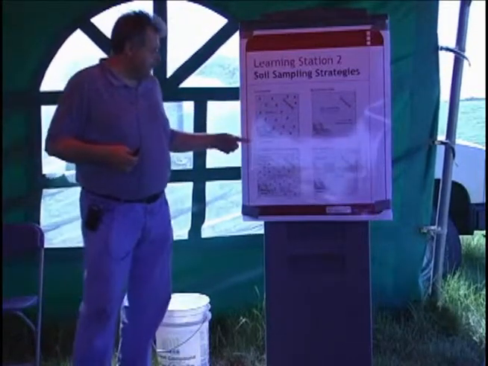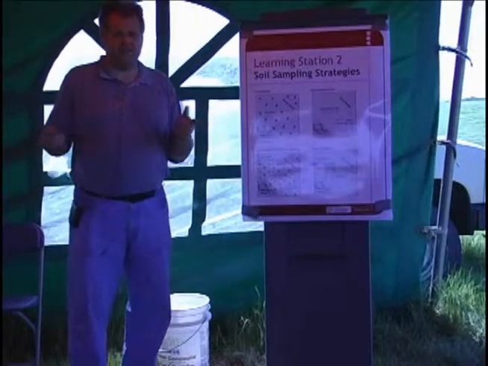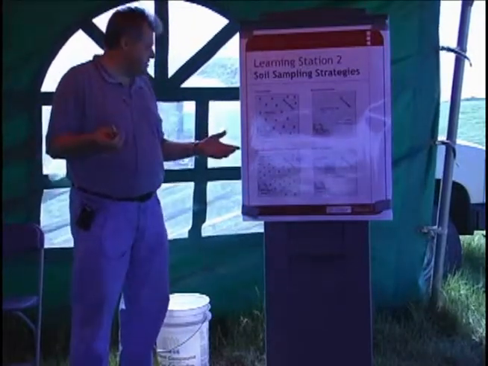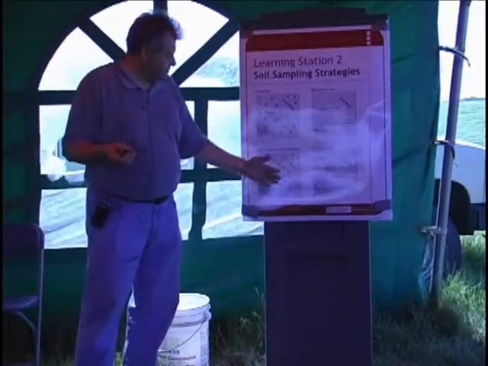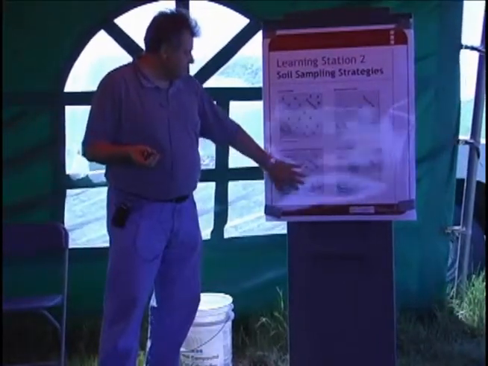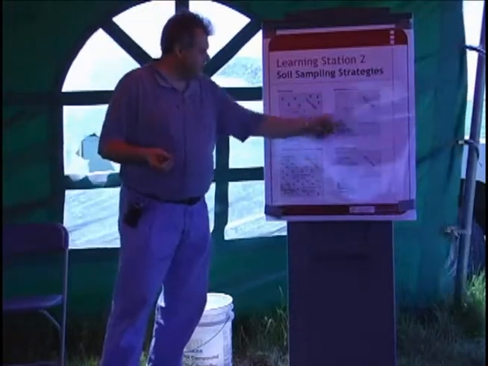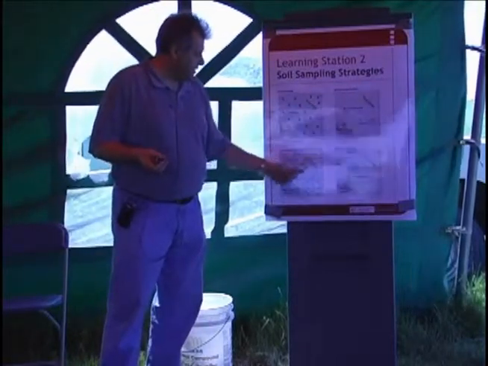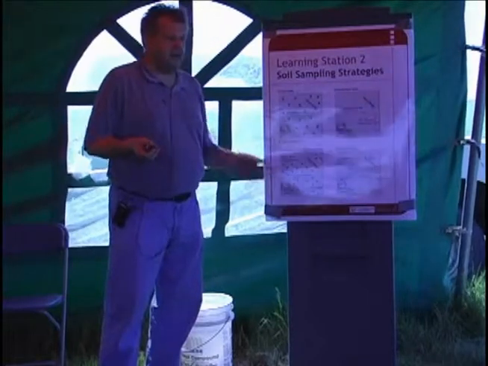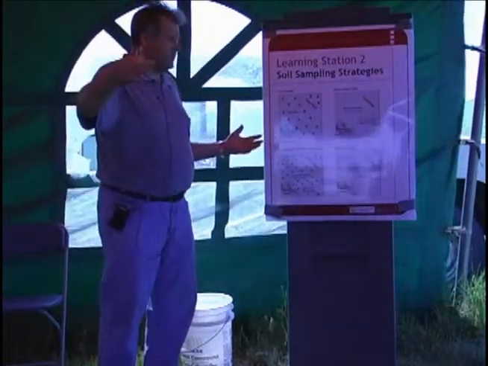Taking it one step further, we can try and break up the field according to landscape positions, upper areas versus mid-slope versus maybe lower slope positions that you may sample separately. In this case, this is a random sampling, but you could even take it to the same kind of benchmarking here, where you might have a benchmark here, a benchmark here, and a benchmark here to try and get that kind of spatial representation across the field.